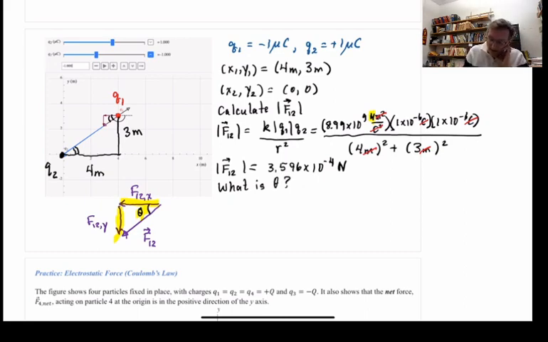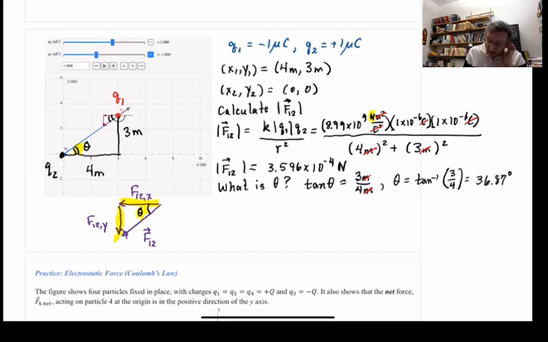So one way to get the theta that I need is by using this larger triangle down below and get this theta right here, because that's the theta I'm talking about. And for that, you can just observe that tan theta, opposite over adjacent, is 3 meters over 4 meters, where the meters cancel. So that theta is the inverse tangent of 3/4, which, giving you 3 digits, is 36.87 degrees.